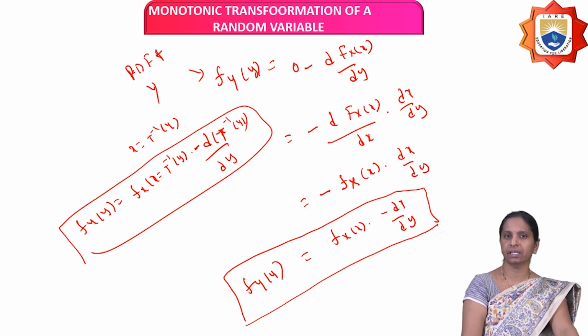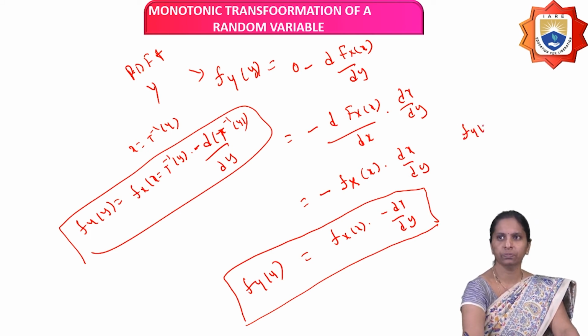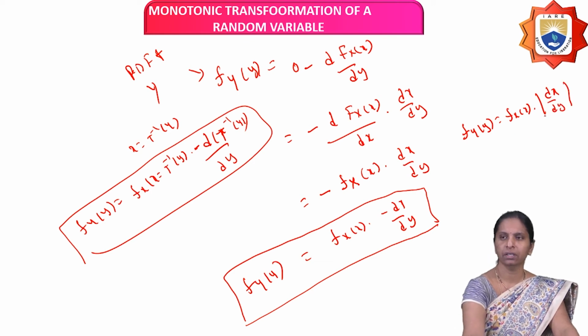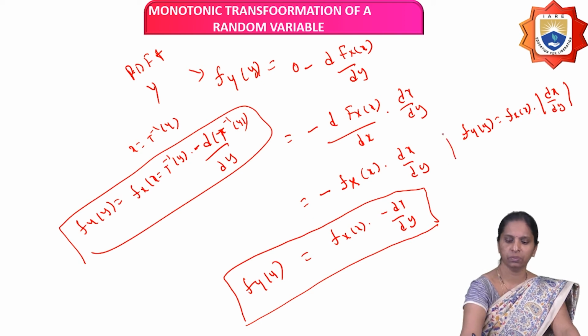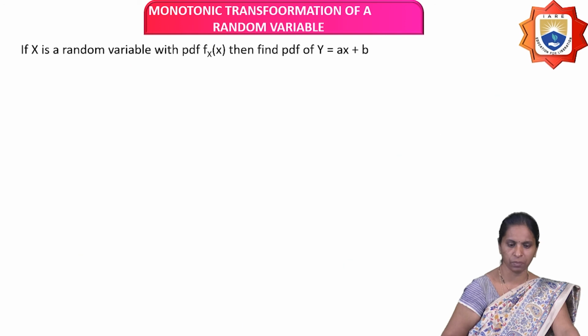Now in general, for a monotonic transformation, either increasing or decreasing, what can you write? fy of y is equal to fx of x into mod of dx by dy. If it is increasing, you'll get a positive sign. If it is decreasing, you're going to get a negative sign. Therefore, this covers monotonically increasing and decreasing transformations.